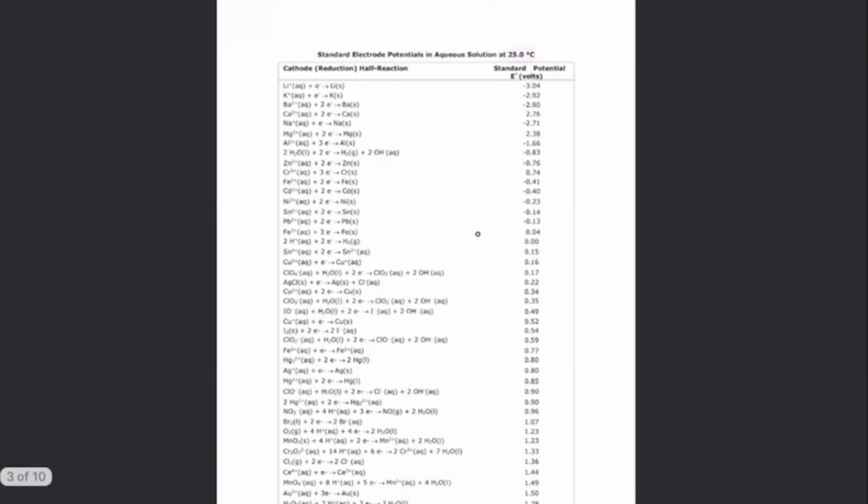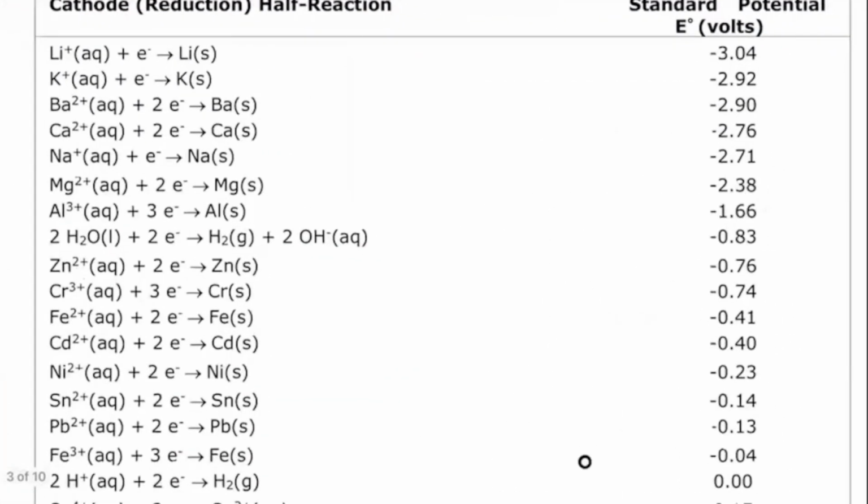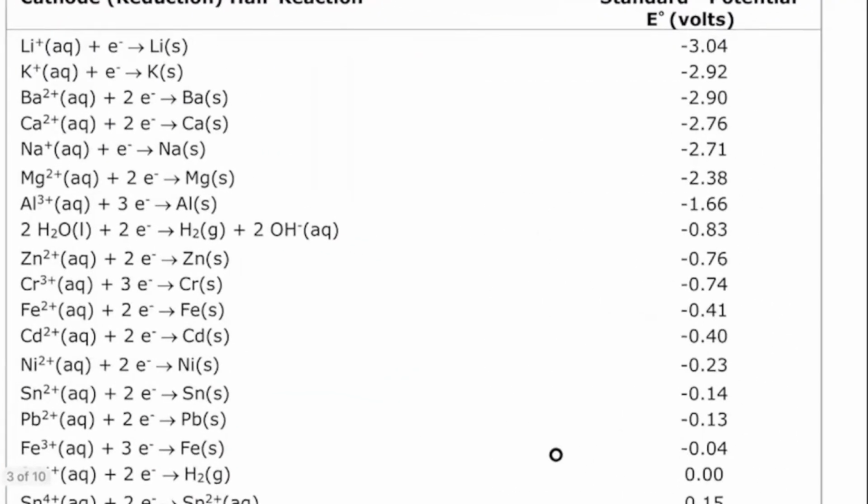Look here, we have lithium at -3, meaning that lithium is very prone to giving out electron. If we look at our periodic table, lithium is group 1, and group 1 is prone to give out electron in order to achieve its octet.